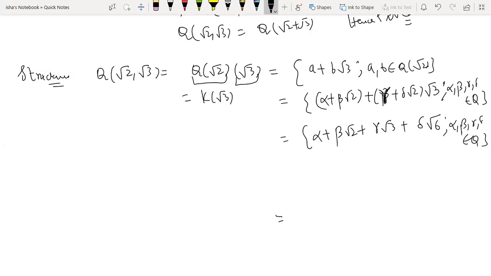Okay, this is how the elements of q root 2 comma root 3 look like, right? Is it clear to everyone? Is it fine?